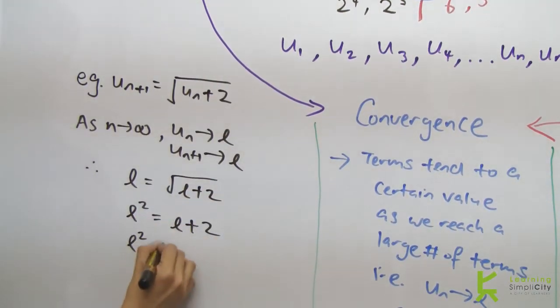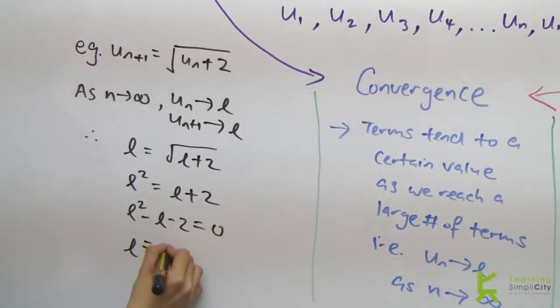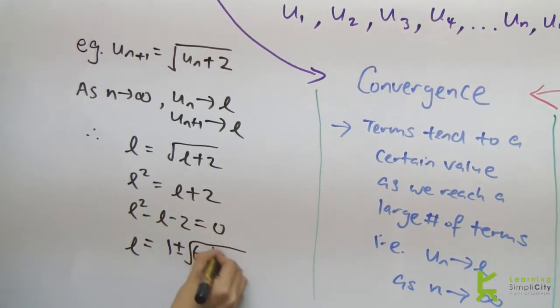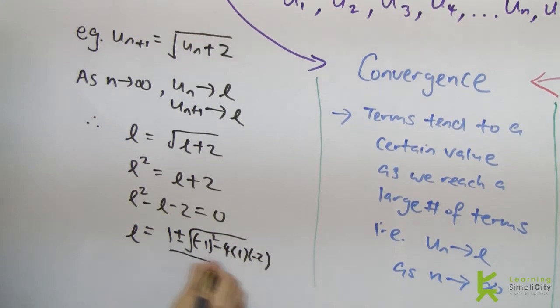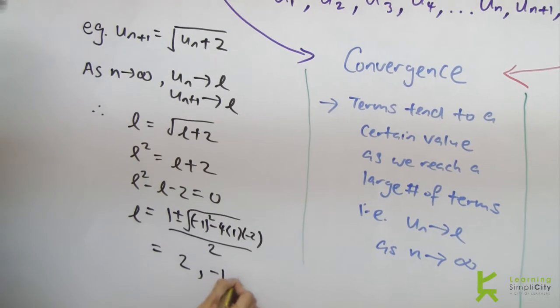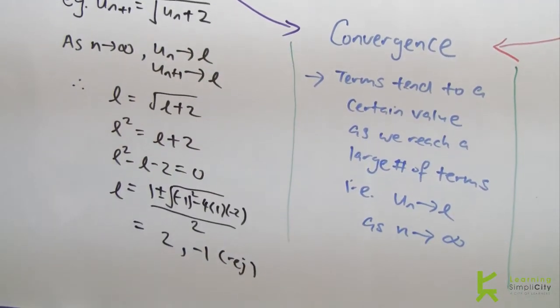L squared minus L minus 2 equals 0. Using the quadratic formula, L equals (1 plus or minus square root of ((-1) squared minus 4 times 1 times (-2))) divided by 2, which equals 2 or -1. -1 is rejected as the sequence consists of positive terms.